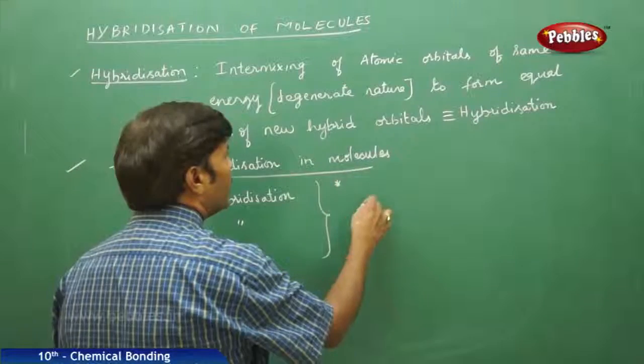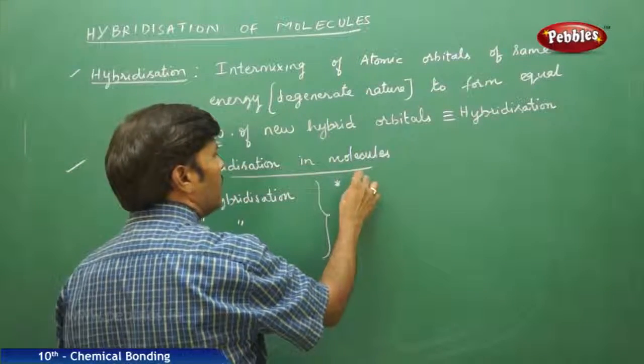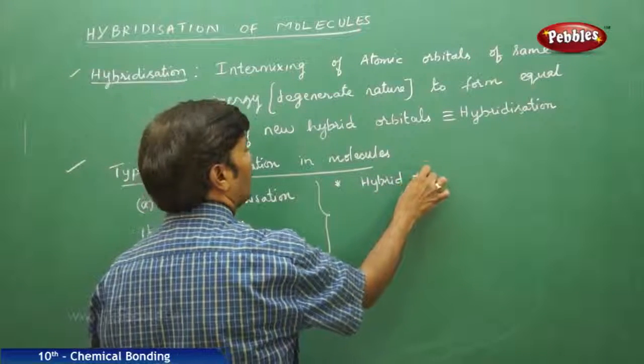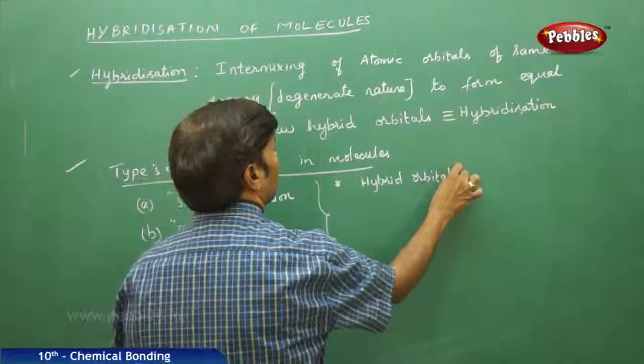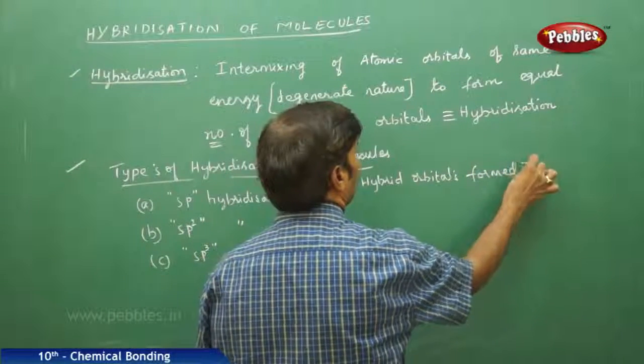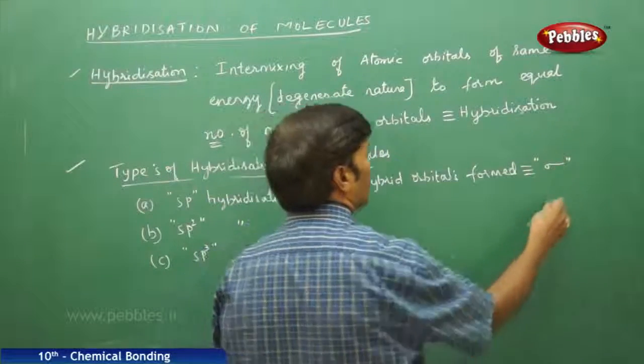But before going to the sp, sp2 and sp3 hybridization, one thing you have to understand here is that the hybrid orbitals formed during hybridization always result in the formation of sigma bonds.